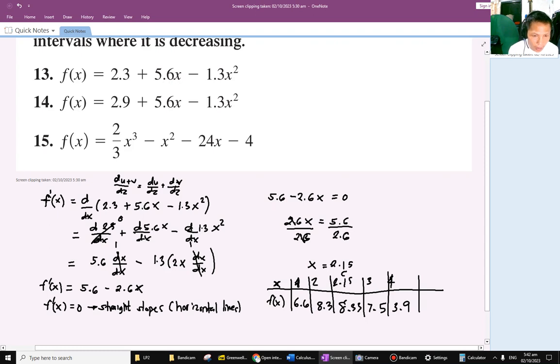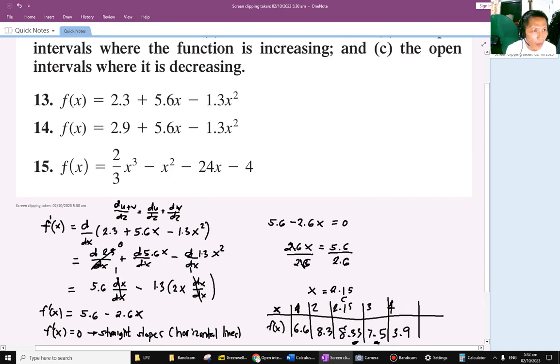So that's already correct, 8.3. And then it goes up a little bit, and then it goes down. So you can see that this critical number is an upper, so meaning it's a maximum. So if it goes to negative infinity, that would be an absolute max for this kind of problem.